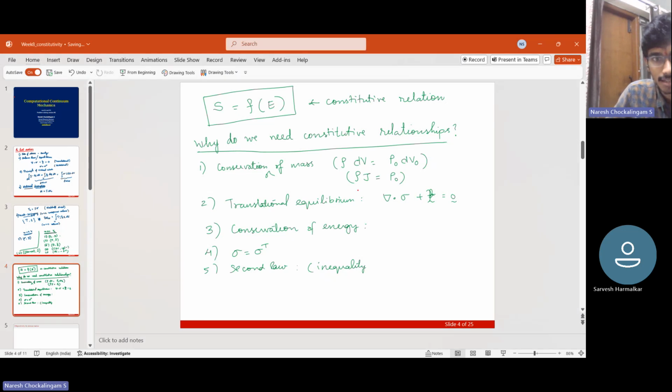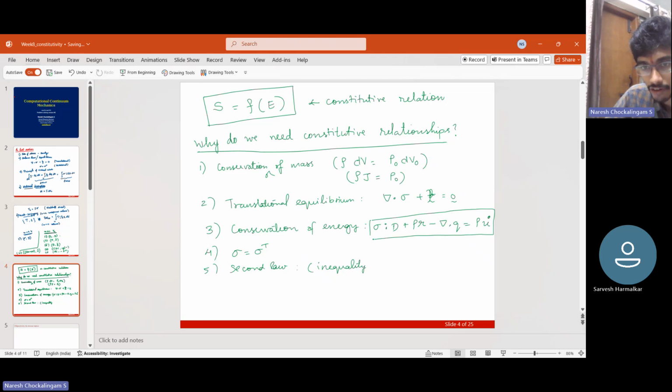In the lecture notes, the first law states that the stress power, sigma double dot D, plus rho R minus the divergence of Q, is equal to rho U dot. U is the internal energy density, Q is the heat flux, R is the heat generation, and sigma double dot D is the stress power.